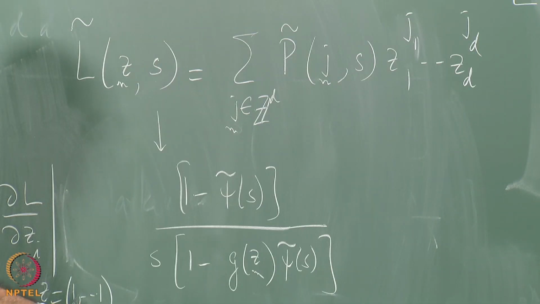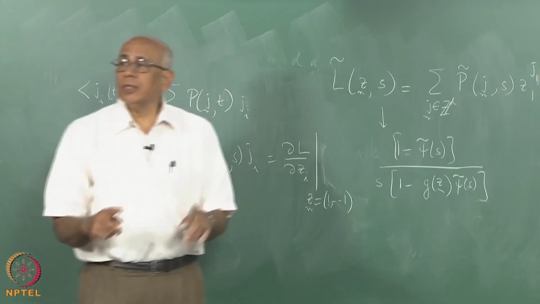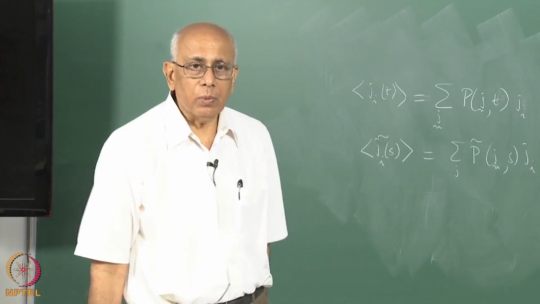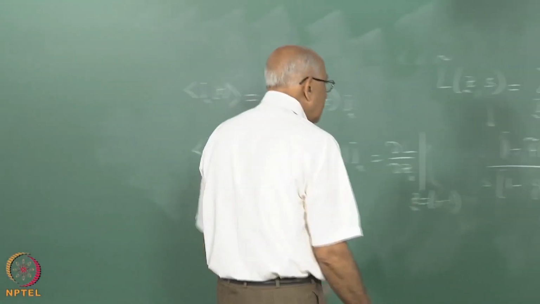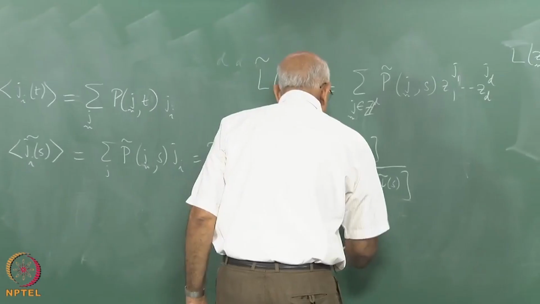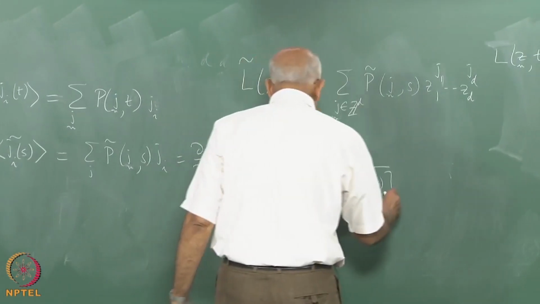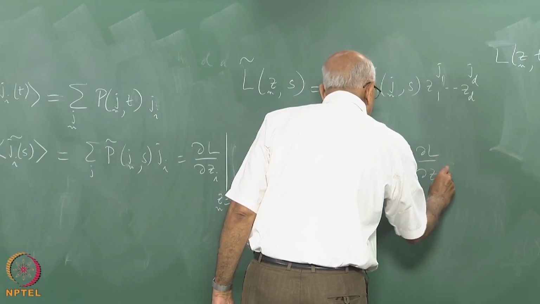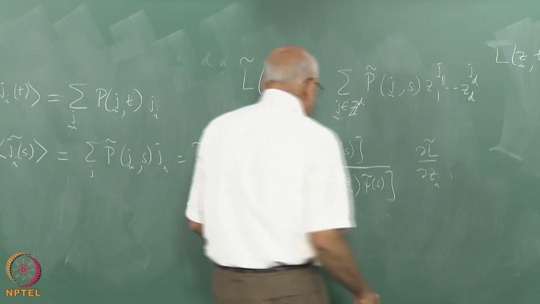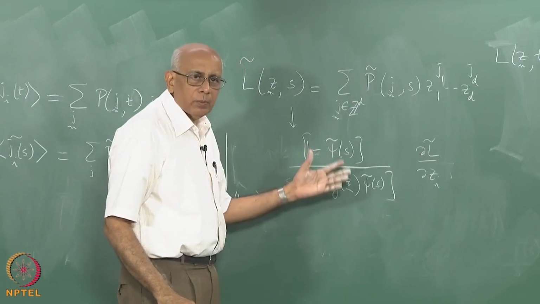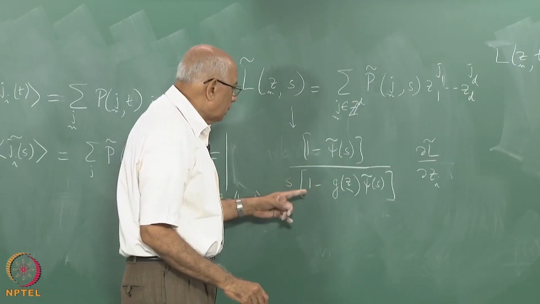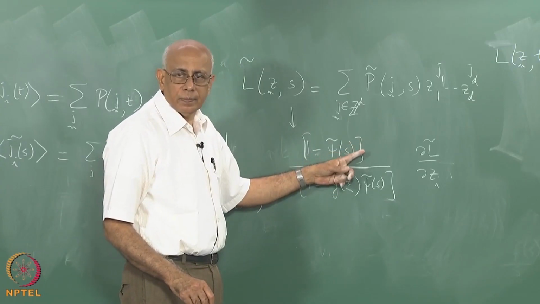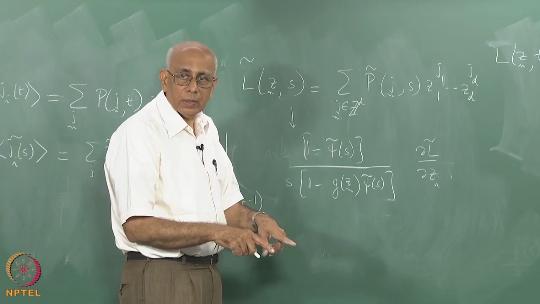And we have to differentiate this and then set all the z components equal to 1. If you differentiate delta L tilde over delta z_i, it is going to have all these factors as before, but it is going to have a g prime on top with respect to that particular z.